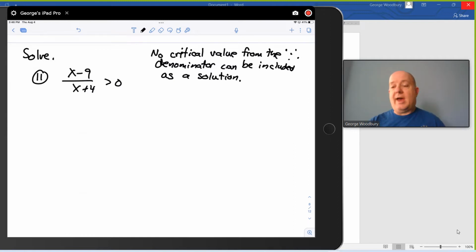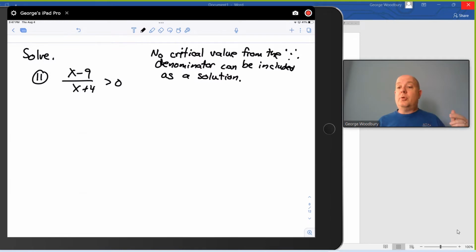And the reason for that is that the critical values coming from the denominator make the denominator zero. We know that division by zero is undefined, and so the expression's undefined at that point and you can't have a solution where it's not defined. So whether there is an equal sign in the inequality or not, the critical value from the denominator will never be included in the solutions.